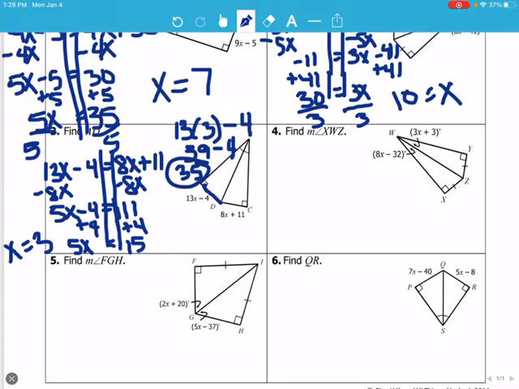Again, we'll do it one more time, this time with angles, but it doesn't matter. Our first step is always to set those two guys equal to each other. Step 1, move your smaller variable, so 3x will get subtracted.